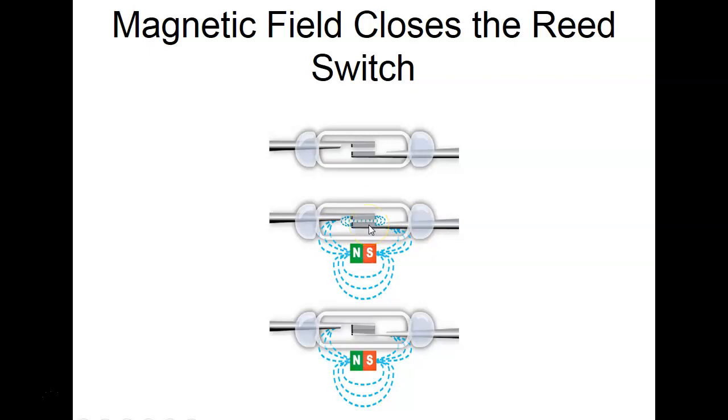What does opposite polarities do? Attract. So the switch closes. And then when the magnetic field moves away, the switch will open. Very simple. Not much to it.